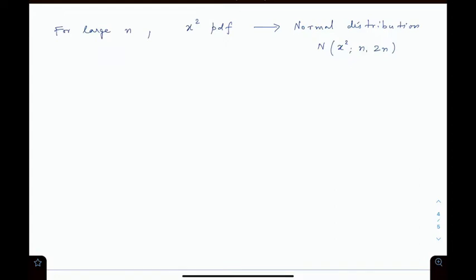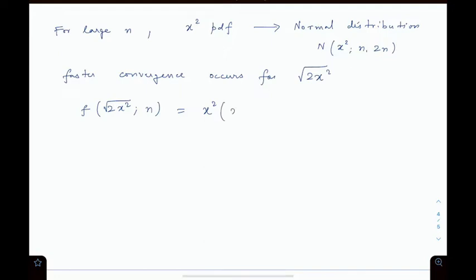Even faster convergence occurs for the variable square root of 2 chi square, for which we basically get a normal distribution with random variable root 2 chi square, mean root 2n minus 1, and variance 1.